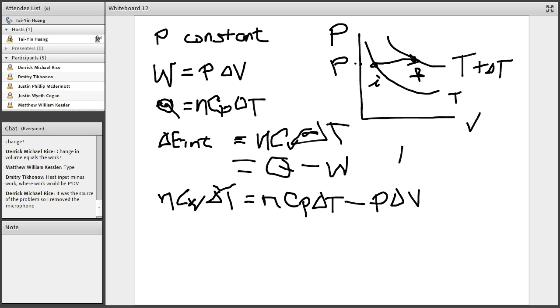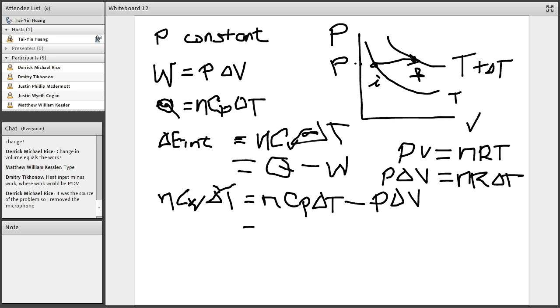Let's say PV equals nRT. That's your ideal gas law. So at constant pressure, if you take the change, you have P as a constant times delta V, and that has to be nR delta T. And so what we can do is replace.